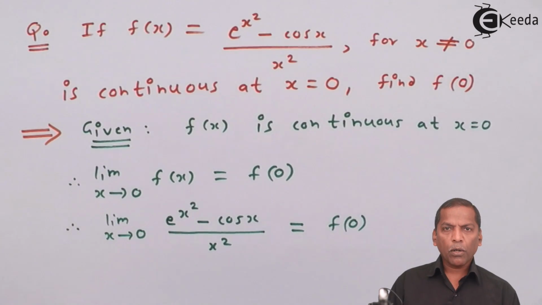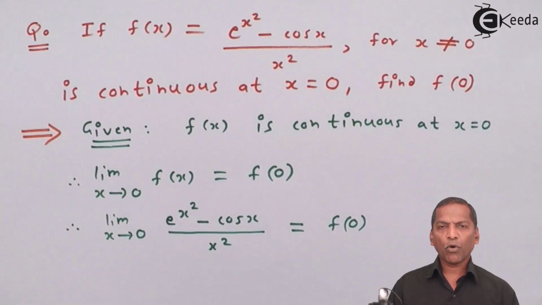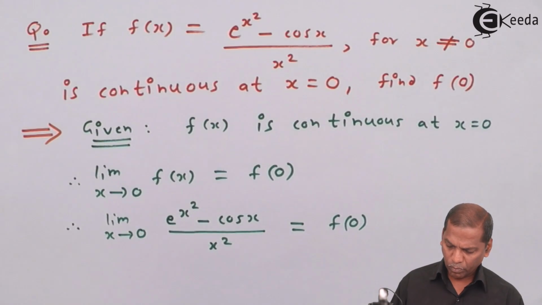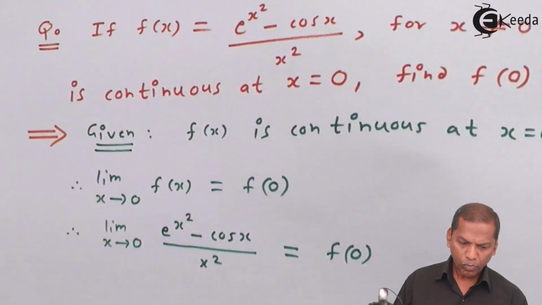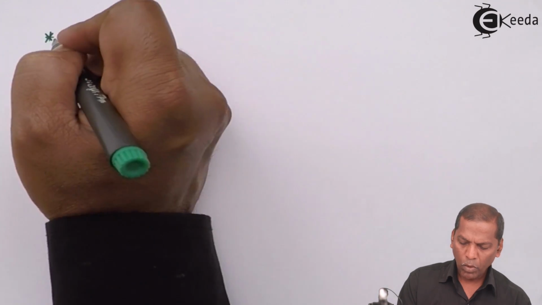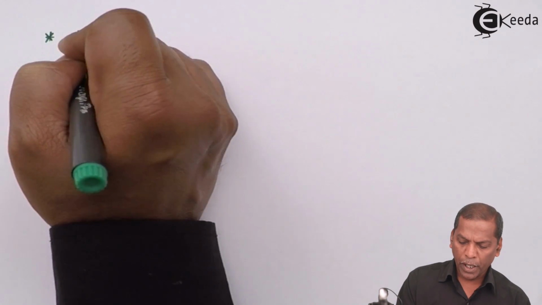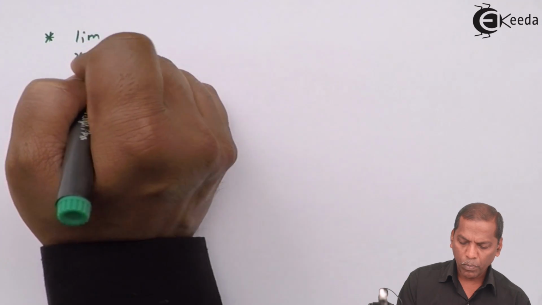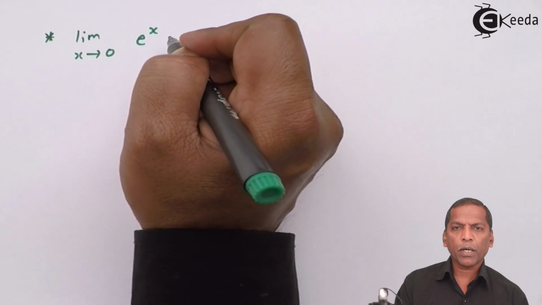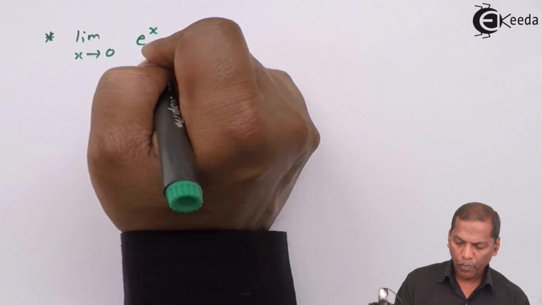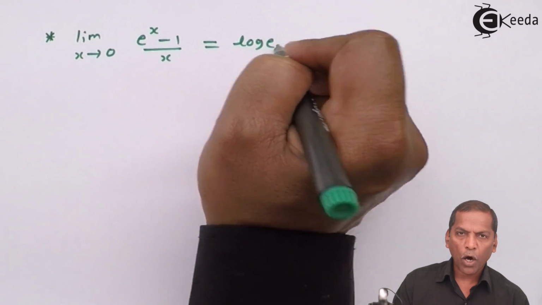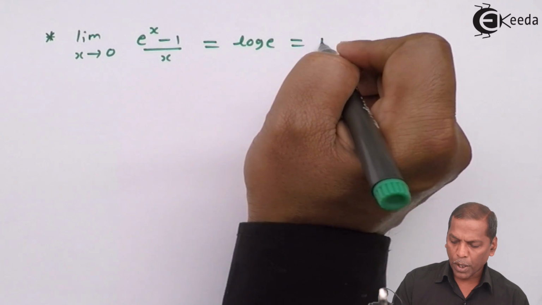Now here, to solve such a type of limit, we have to use the following rules. First one, limit x tends to 0, (e raised x minus 1) upon x is equal to log e, and log e means 1.